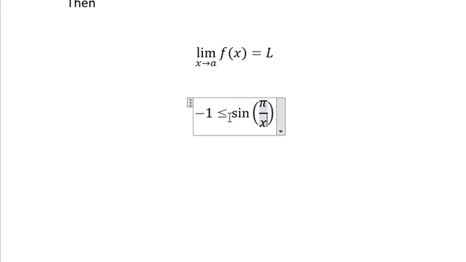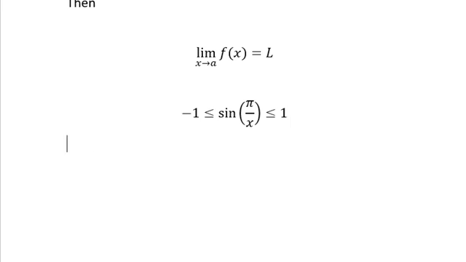And it is always true that the function will be less than or equal to 1. You cannot get any value that is greater than 1 or less than -1 from a sine function. No matter what angle you have, that will never happen. So, we know that this inequality is true.